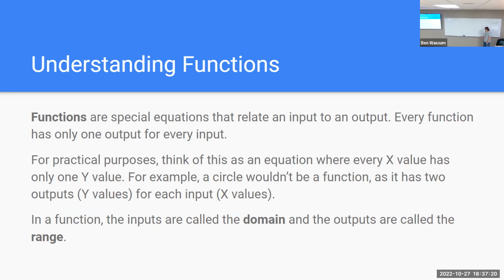But it's almost always the inputs are the horizontal axis, and the outputs are almost always the vertical axis. So as long as you get that idea, that's great. And also what the inputs and the outputs can be called. They're called the domain and the range. And even though one of them is called range, they're literally both just ranges of values, right?